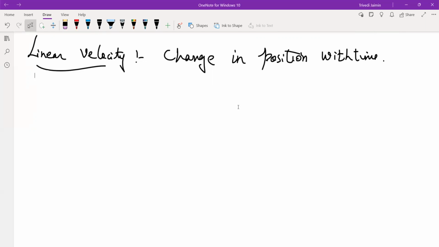That way we find the average, which is the percentage average. So here, we are going to discuss instantaneous angular velocity and average angular velocity.